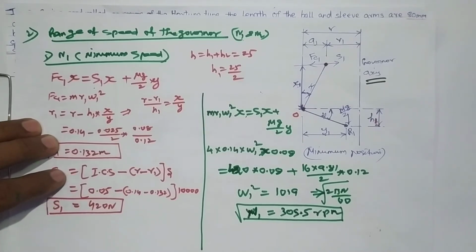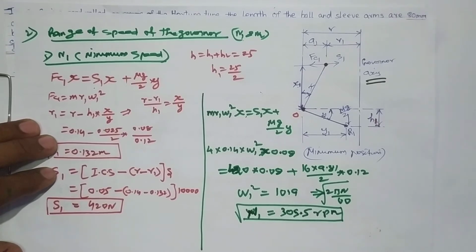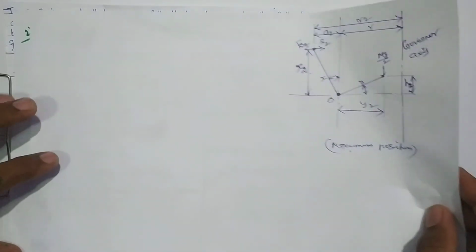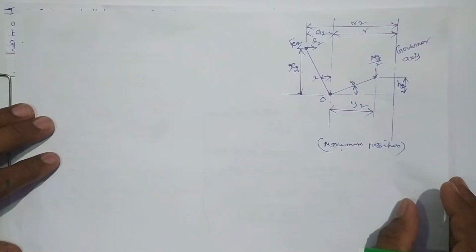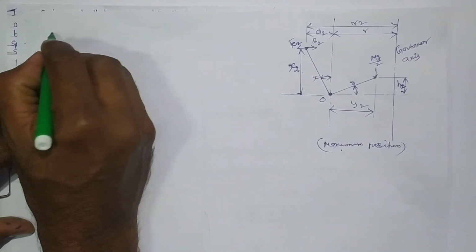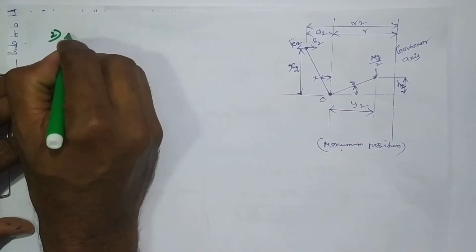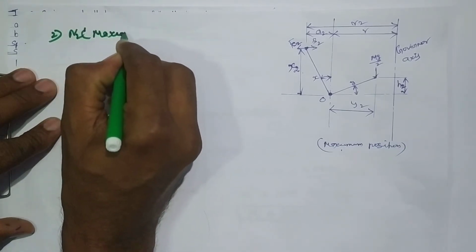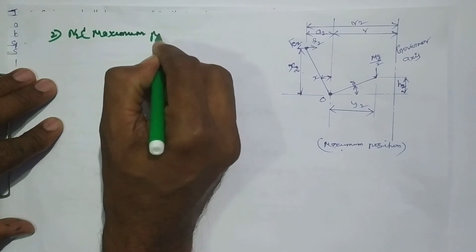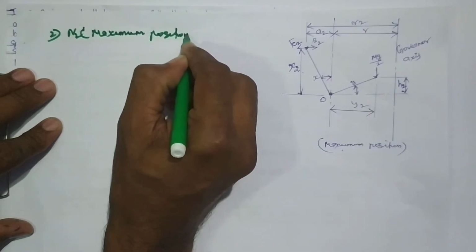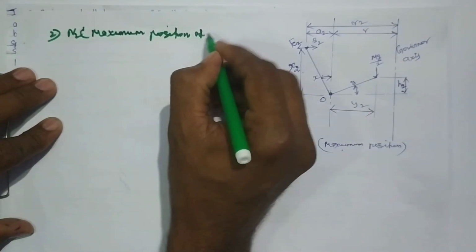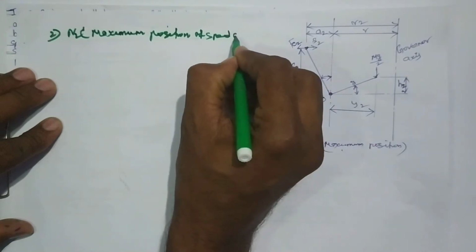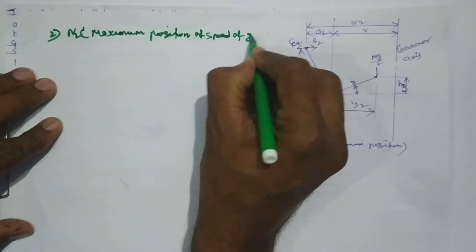You are getting that. So next you find out the N2 value, that is the maximum position speed of governor, right? So you should find out. So second one, N2, maximum position speed of governor.